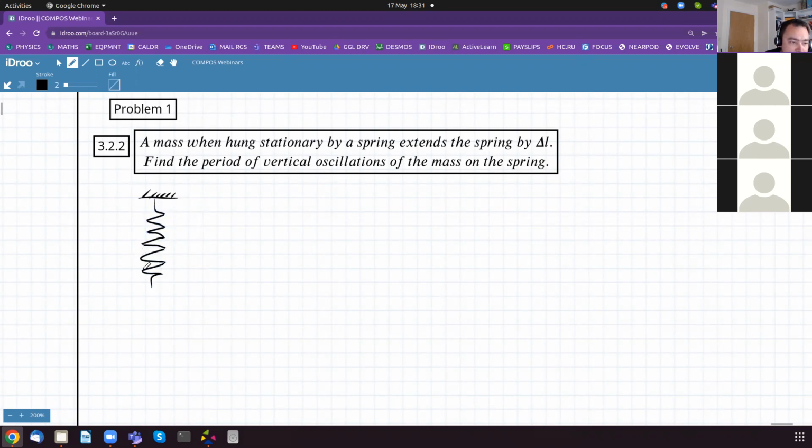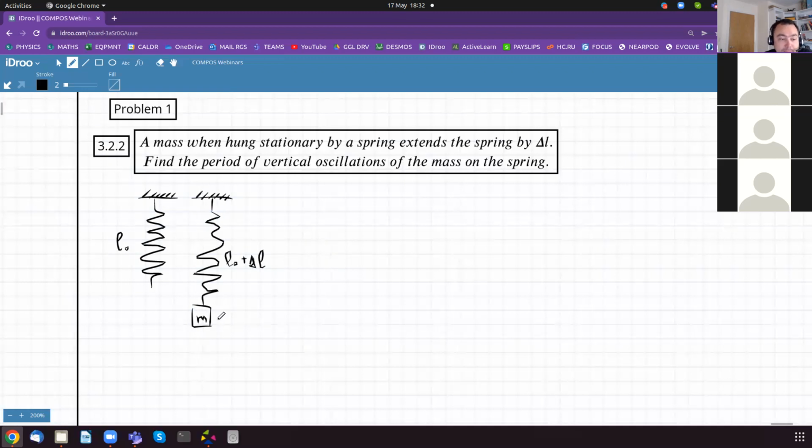And when the spring is unloaded, let's say the length is L0. When the spring is loaded with the mass, it becomes L0 plus delta L. And from here we can write Newton's first law.